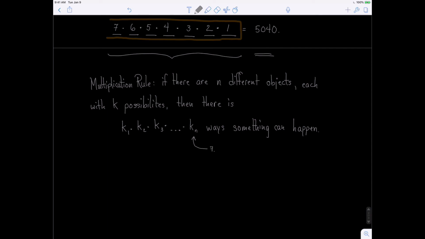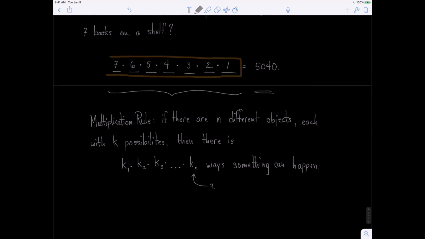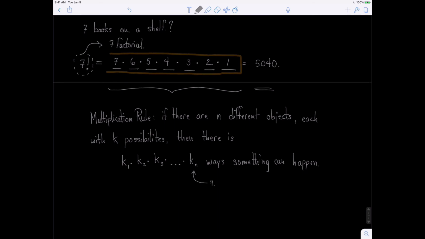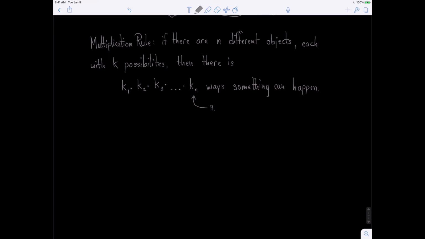Actually, this pattern is used quite regularly in counting, and we say it's the same as 7 followed by an exclamation mark. And we read that as 7 factorial. It always starts with the first number and then it stops at 1.